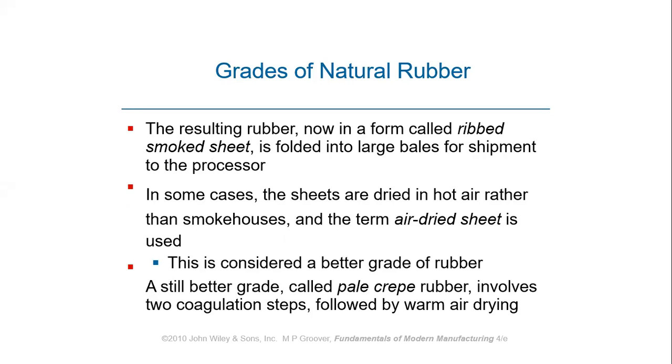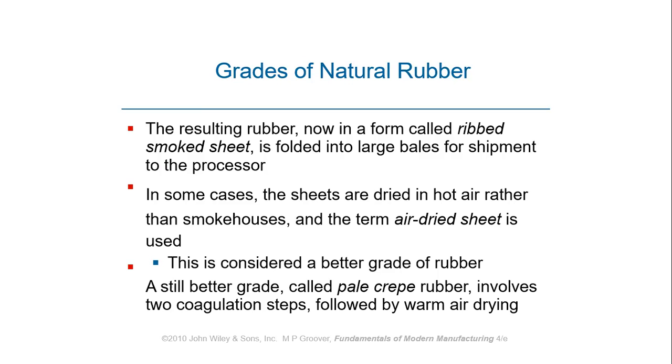And in some cases, when it is air dried, then it can be called air dried sheet. Okay, and this is considered a better grade rubber. When you use the air dried sheet, then it becomes much more clean and inclusion free product, and that is why it is kind of better grade.